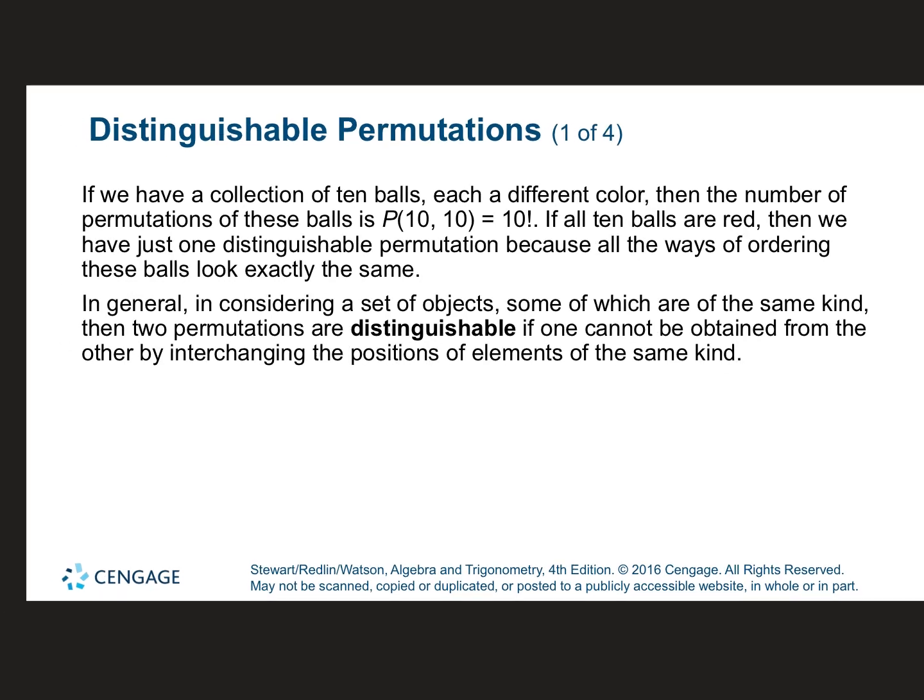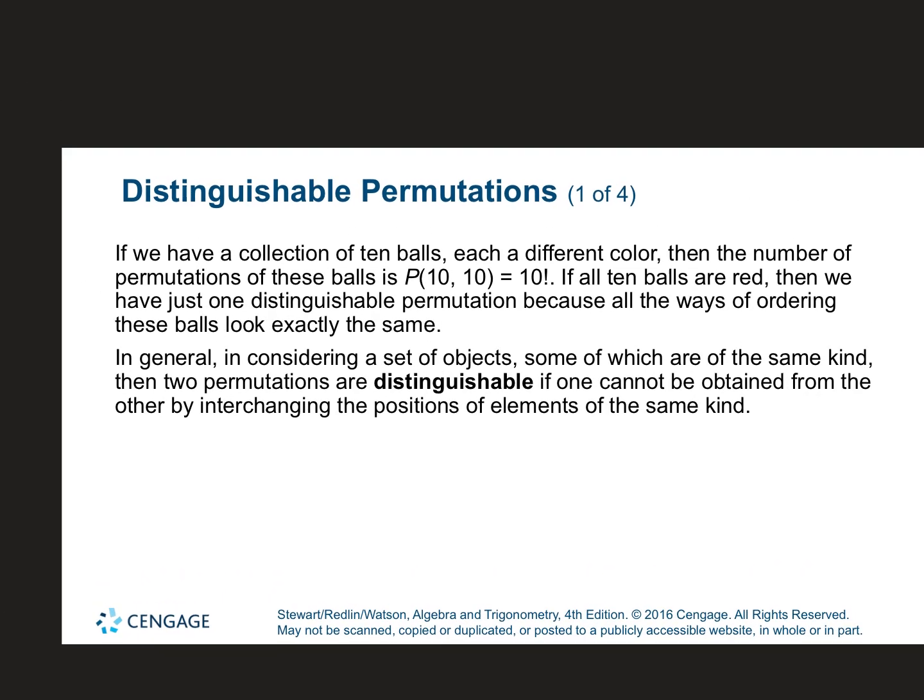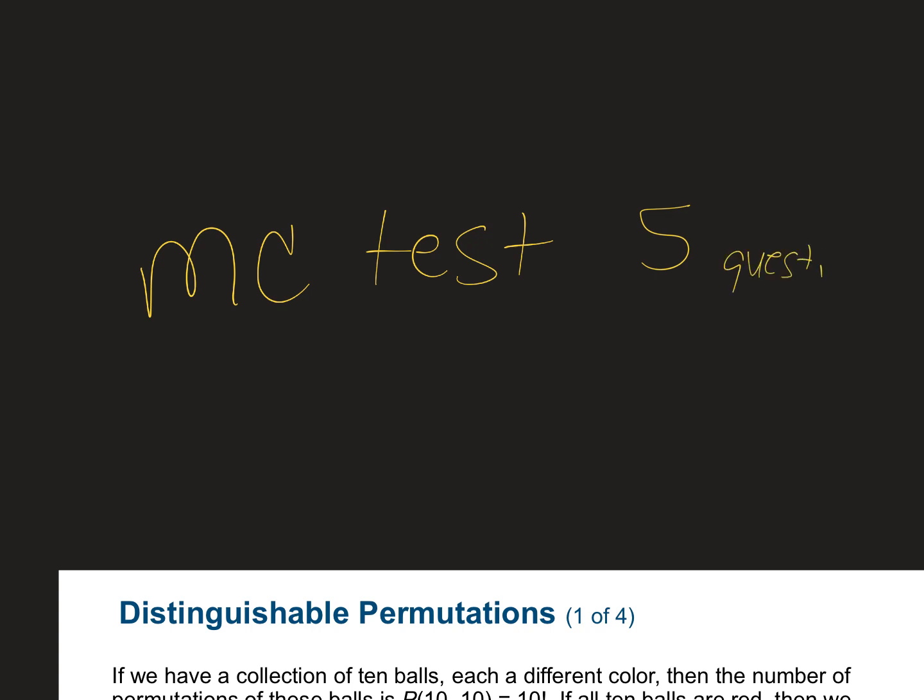Let's not do distinguishable permutations yet. How about if we talked about a multiple choice test? It's a 5-question test. You can choose answers A, B, or C. Let's think about this.